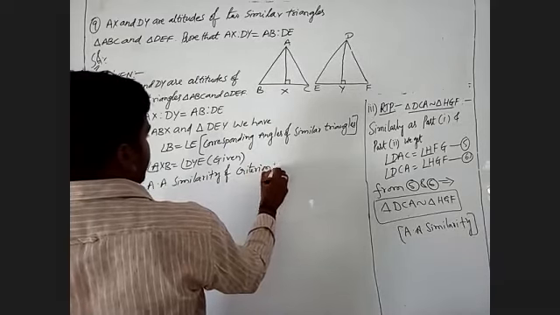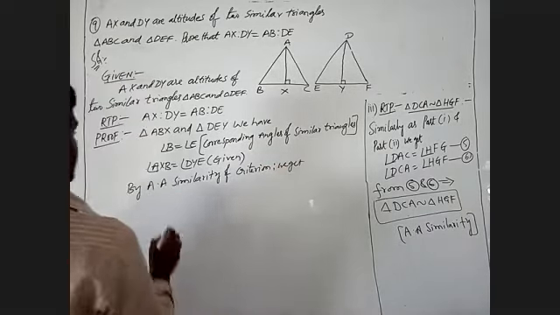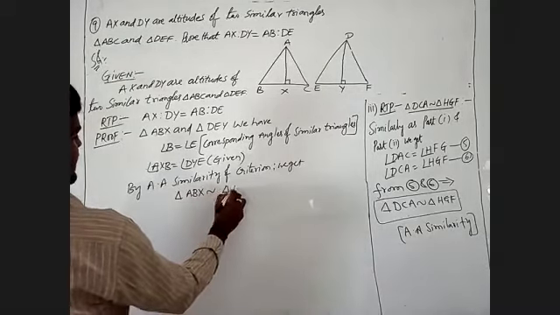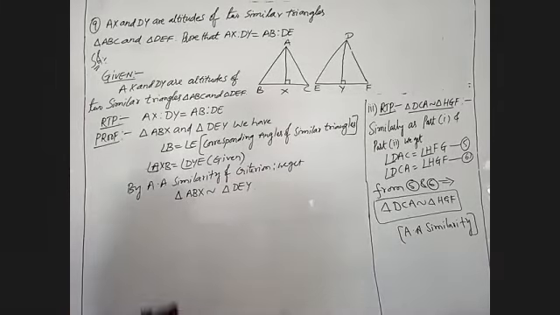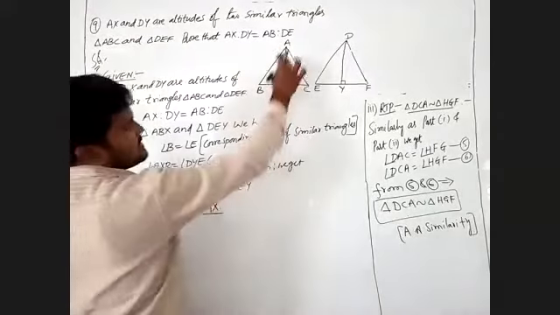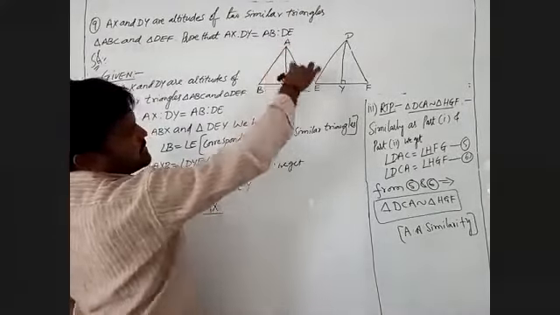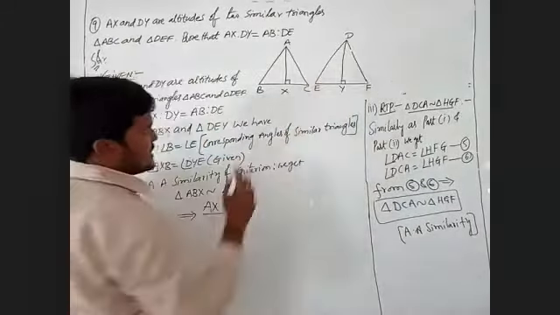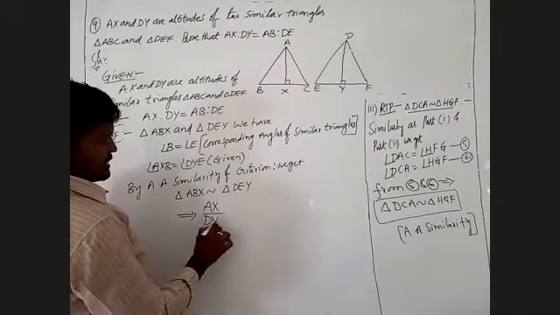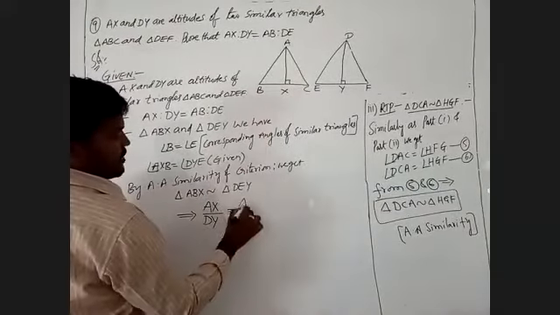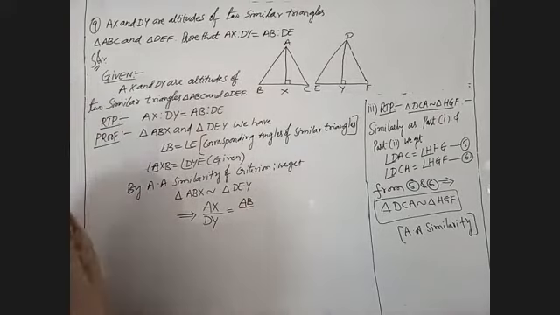By the AA criterion of similarity we get triangle ABX is similar to triangle DEY. Triangle ABX is similar to triangle DEY means what do I have to write? AX, the altitude of triangle ABC, by the corresponding altitude of triangle DEF, DY, is equal to the corresponding side AB of triangle ABC by the corresponding side DE of triangle DEF.